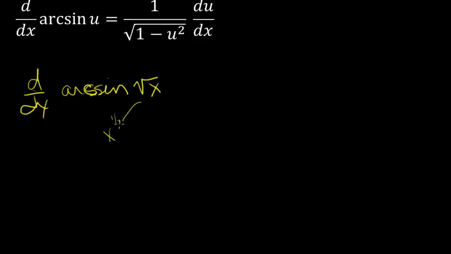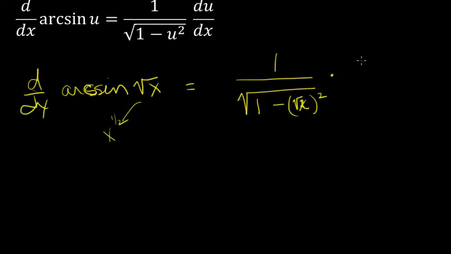You're thinking of this now as x to the 1/2, so you use the power rule when finding du dx. Okay, so we have 1 over the square root of 1 minus, if I was doing this, I'd square it and I'd say 1 minus x times du dx, 1/2 x to the minus 1/2.